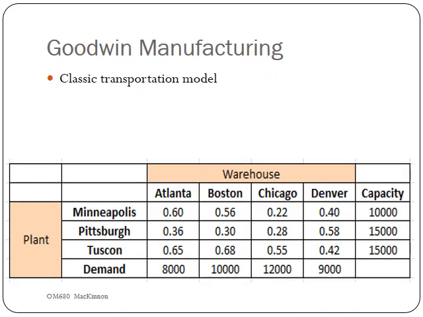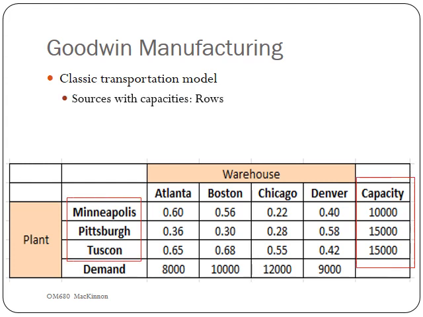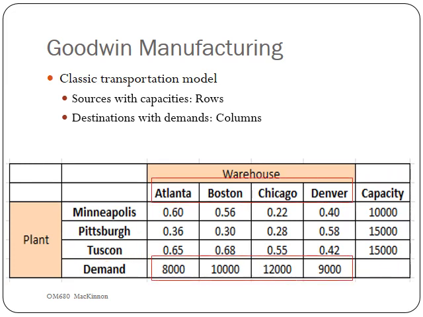So here we have Goodwin Manufacturing, which is really an example of a classic transportation model. This is how it is laid out in the data. It's usually presented in this way. We have a number of plants that ship goods to a number of warehouses. In the rows we have our sources and our capacities. In the columns we have destinations with demands. So for example, Minneapolis can ship no more than 10,000 units.